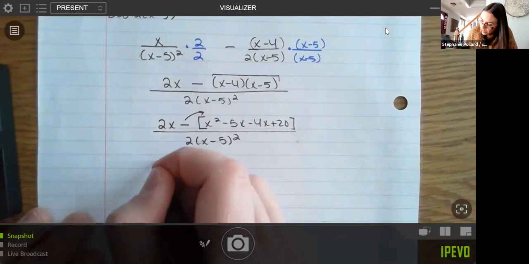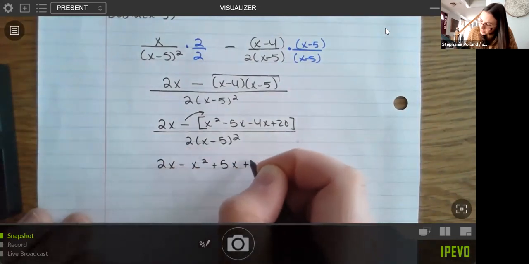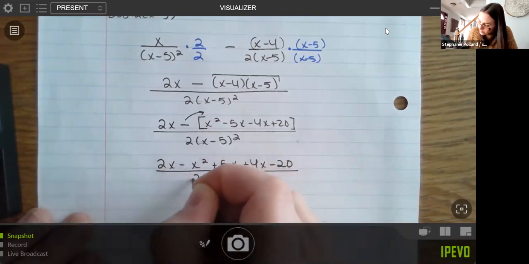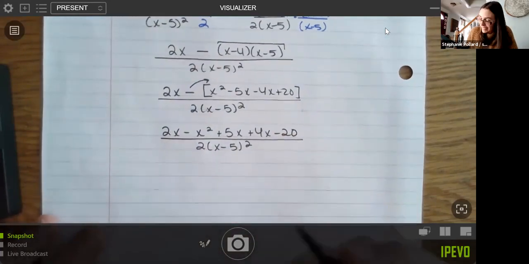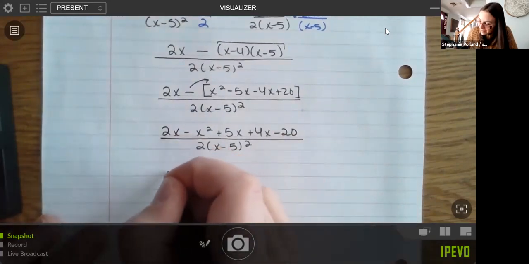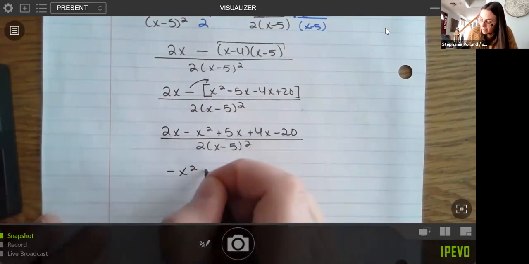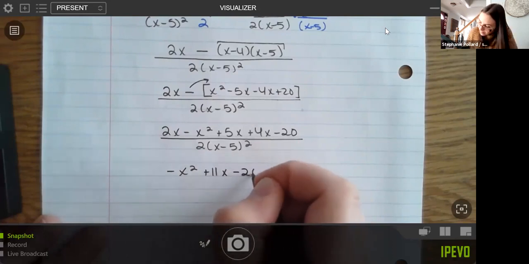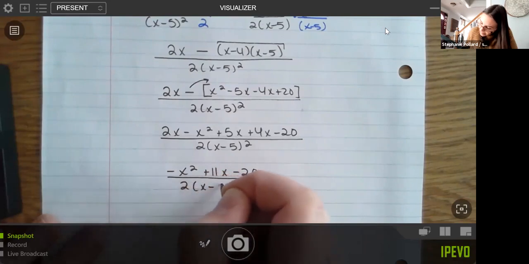So this gives me 2x minus x squared plus 5x plus 4x minus 20. I'm going to keep cleaning up that numerator. I get negative x squared. Let's see, 2x, 5x, and 4x is going to give me 11x. And then I have that minus 20, all over my LCD.